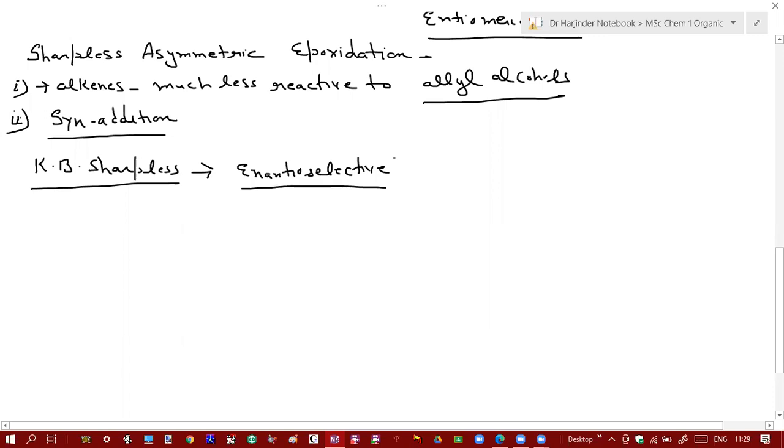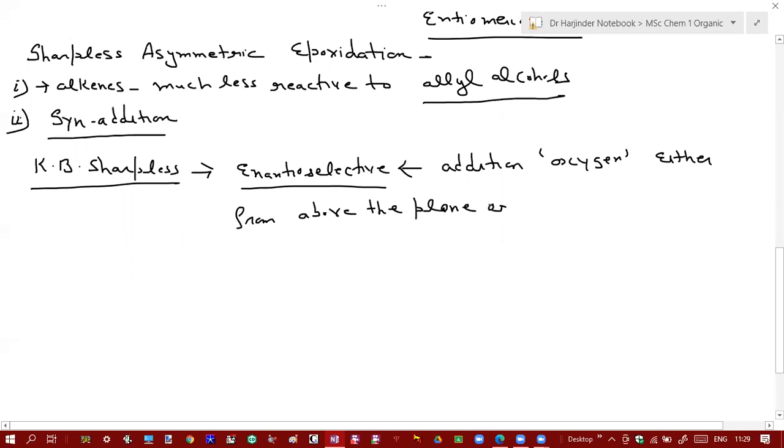That means you can carry out the addition of oxygen either from above the plane of the double bond or below the plane.